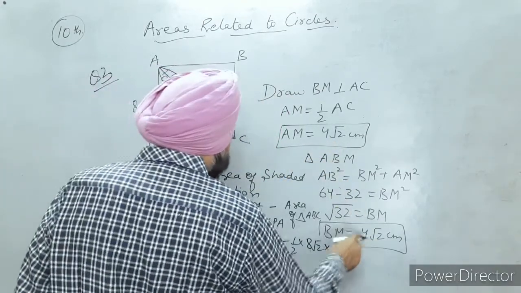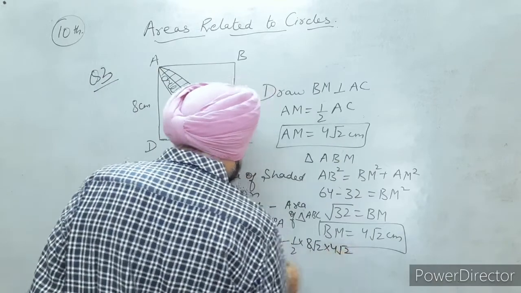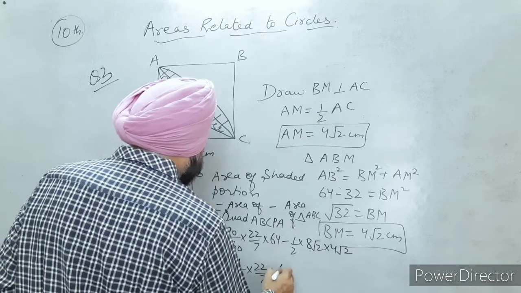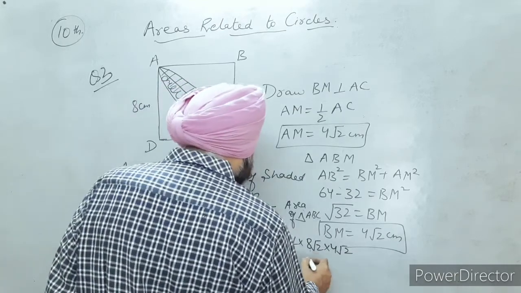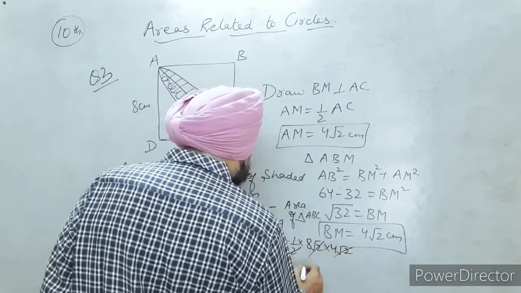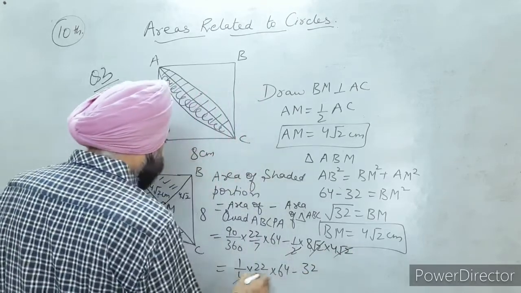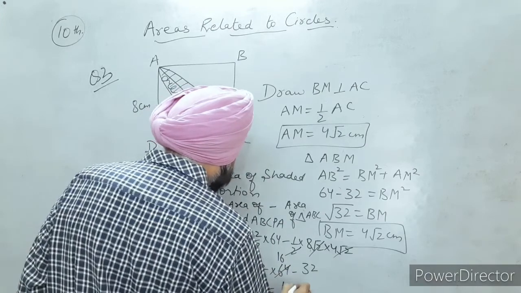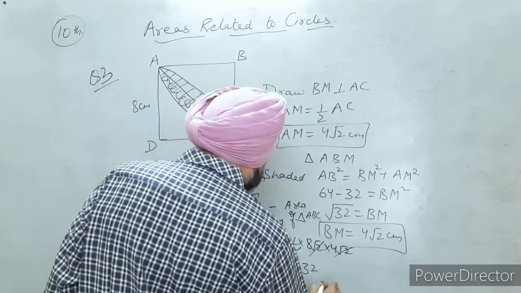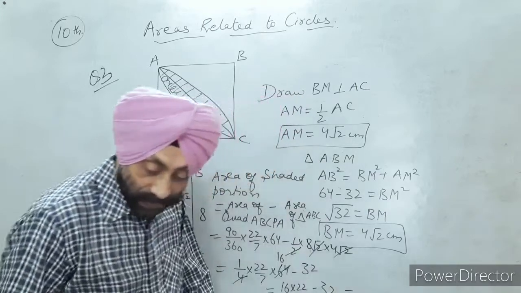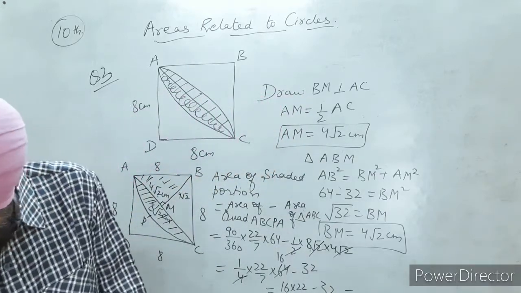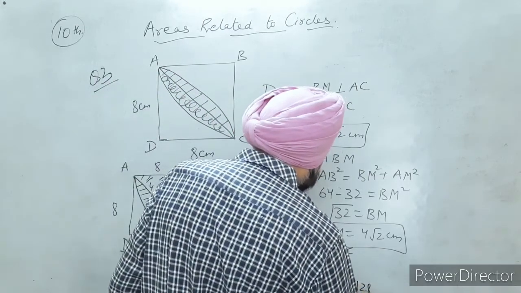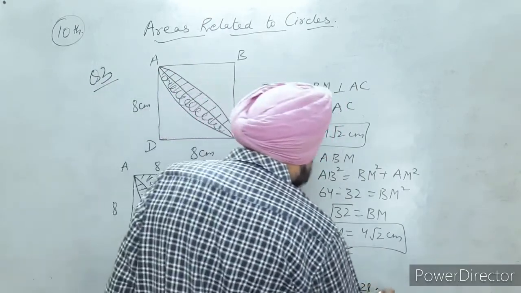BM we calculated as 4 under root 2. 1 by 4, 22 by 7 into 64 minus, this cancels with this, 32 is there. This is 16 into 22 by 7 minus 32. We get the required answer as 128 by 7 centimeter square.